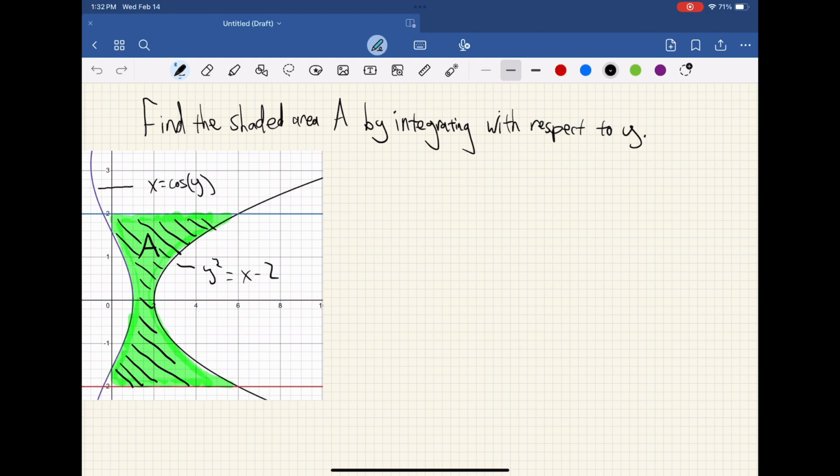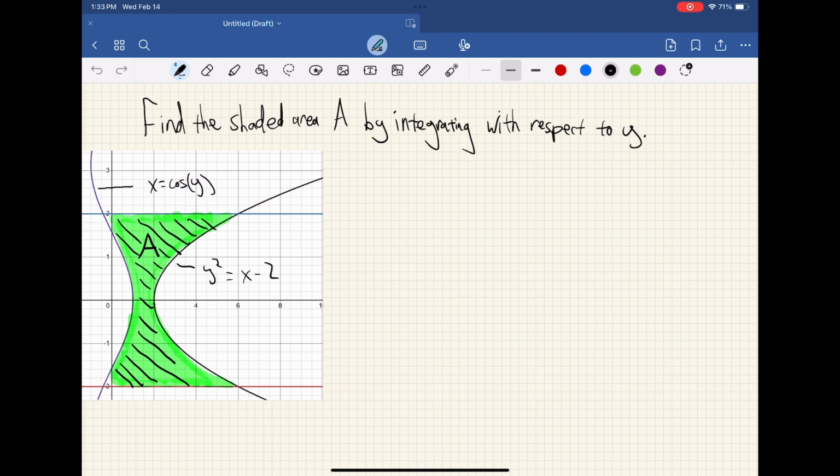It is between the left curve, x equals cosine y, the right curve, y squared equals x minus 2, this line on the top, which is y equals 2, the line on the bottom, which is y equals negative 2. And as you can see, it actually doesn't have anything shaded to the left of the y-axis. So we're going to say that the y-axis is another limiting line.